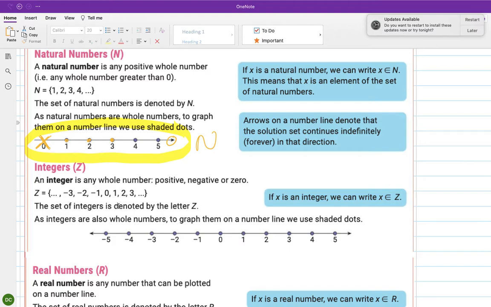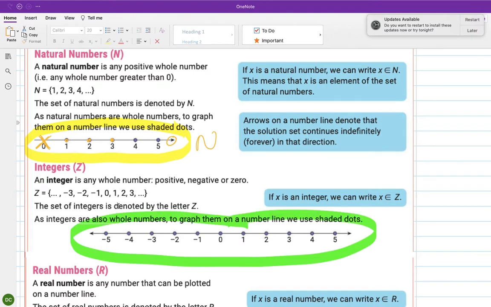Okay, if we look at the integers quickly, so here's the integers. Okay, so this time 0 is included. You have your natural numbers, 1, 2, 3, 4, 5, and so on. So the arrow tells you that it doesn't stop at 5.